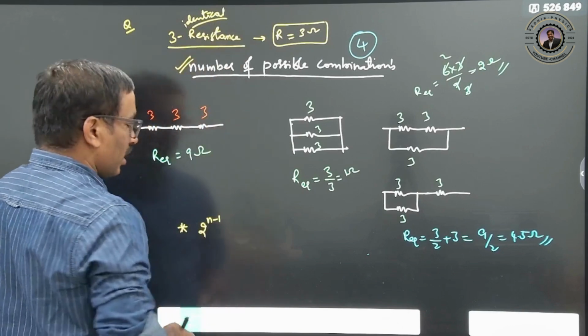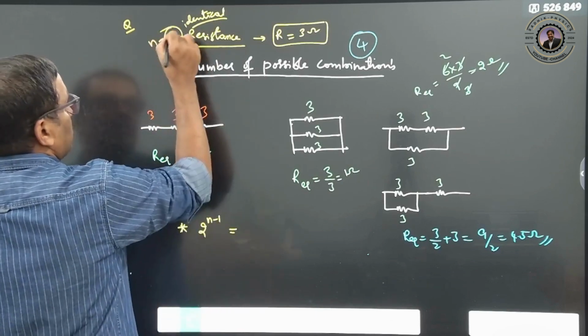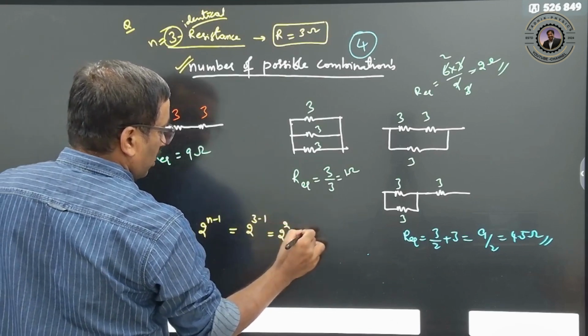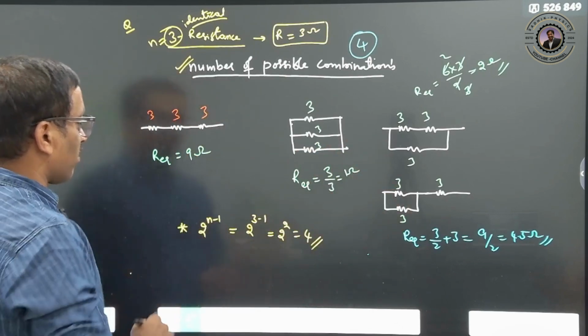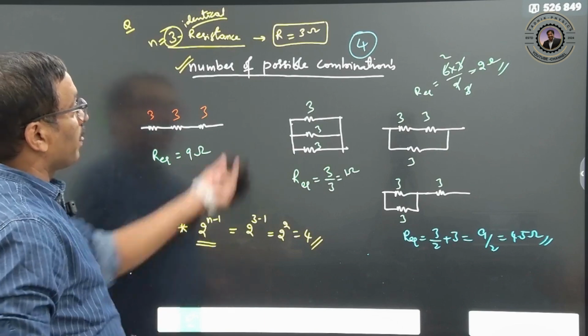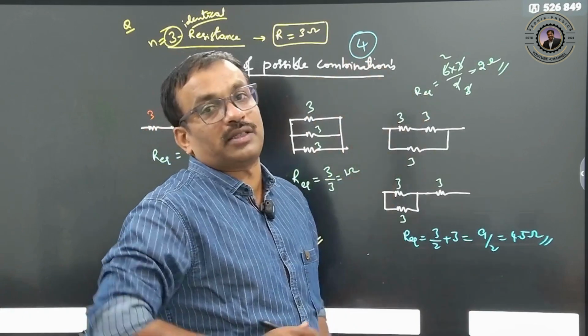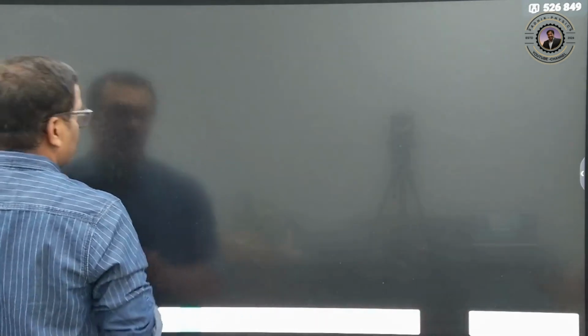How many resistors are there? 3, so n is 3. So 2 to the power of 3 minus 1, that is 2 squared, which is 4 combinations. Clear? We can use this formula only for identical resistors.